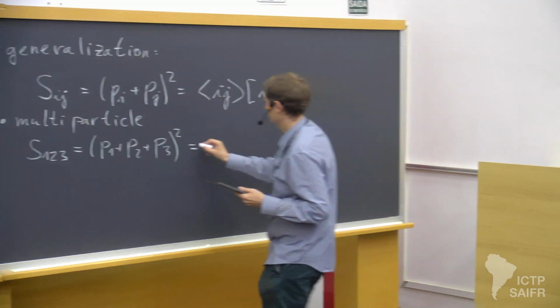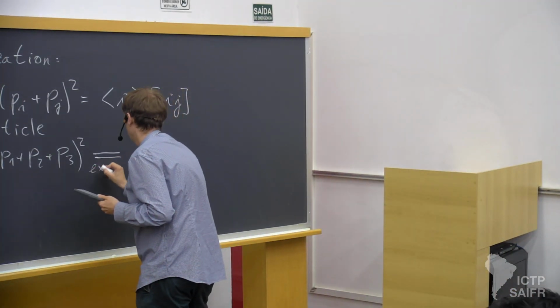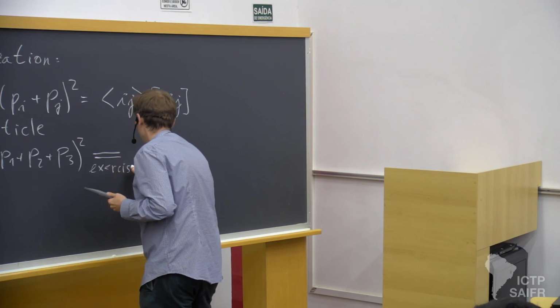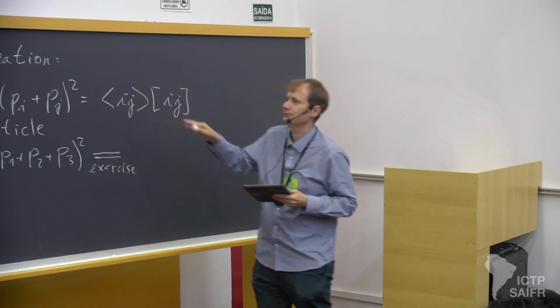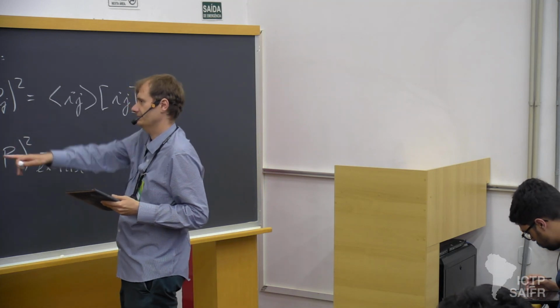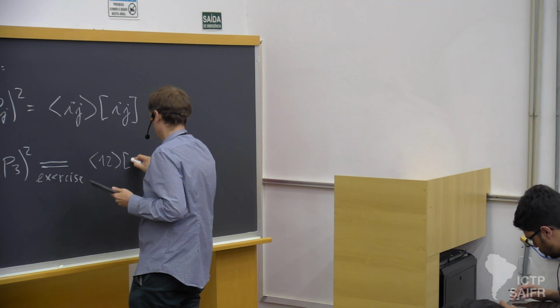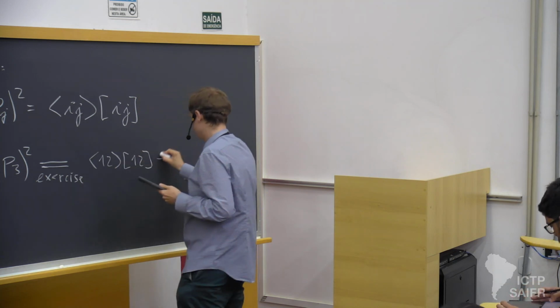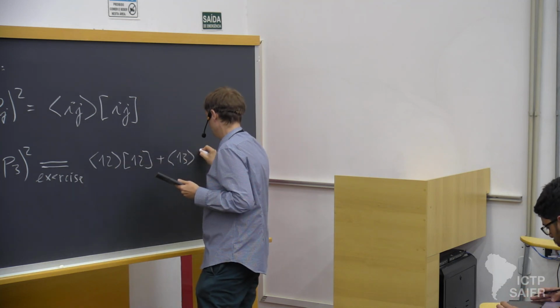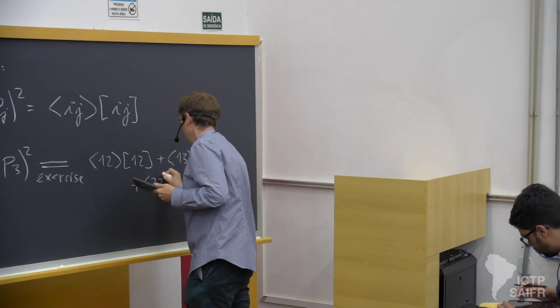Okay, so this I leave as an exercise: if you use repeatedly this transformation that we did here, you should get 1,2 1,2, 1,3 1,3, plus 2,3 2,3.